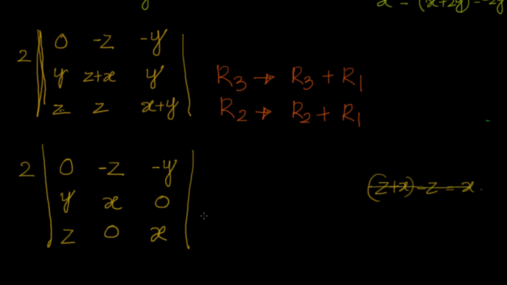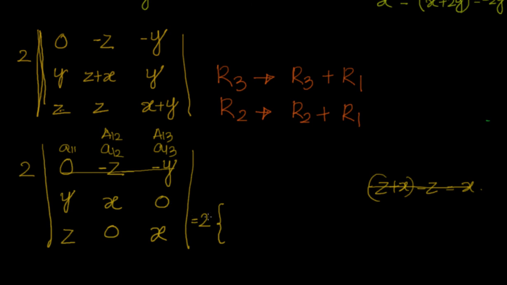Now we will apply the formula. Let us take this particular row. So A11, that's a 0, so I don't worry about it. Second is A12. Then I'll have capital A12 and A13.